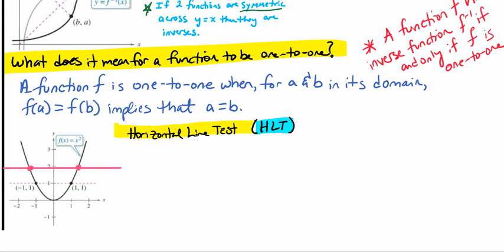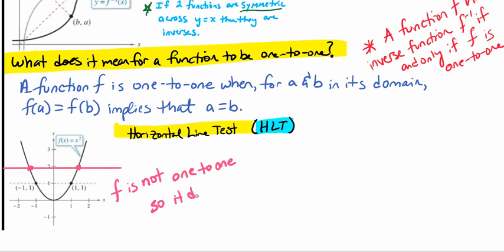And that tells us that this is not 1-to-1. This is what tells us that our function f is not 1-to-1.